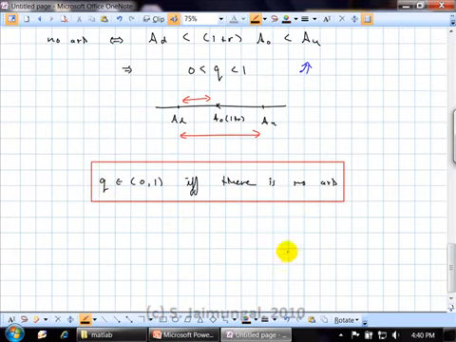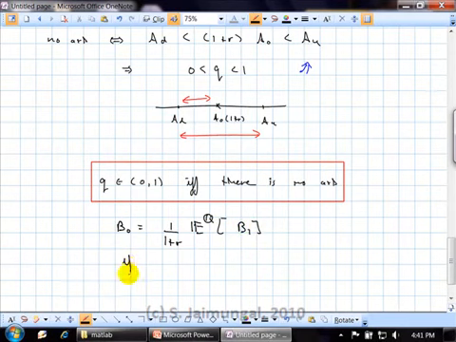So we could also add to this. This tells me as well that Q is between 0 and 1 if and only if there's no arbitrage, that means that the value B0 has to be equal to 1 over 1 plus R times the expectation under some new probability measure of B1, if and only if there is no arbitrage.